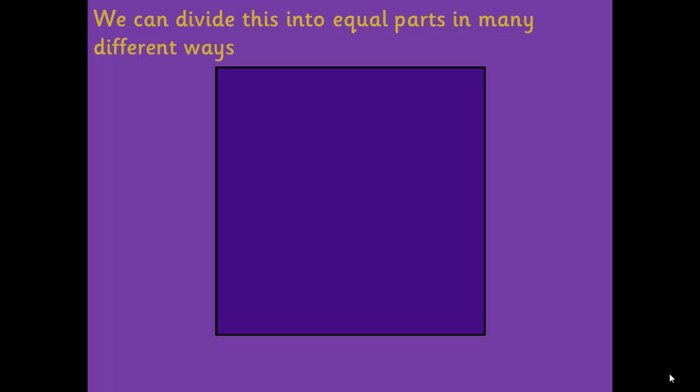Let's have a look at this square. Now, you can divide this up into many different ways. We can divide it up into 2 equal parts, and that means that each equal part is worth 1/2. We can divide it up into 3 equal parts, so each equal part is worth 1/3. We can divide it up into 4 equal parts, and each equal part is worth 1/4.